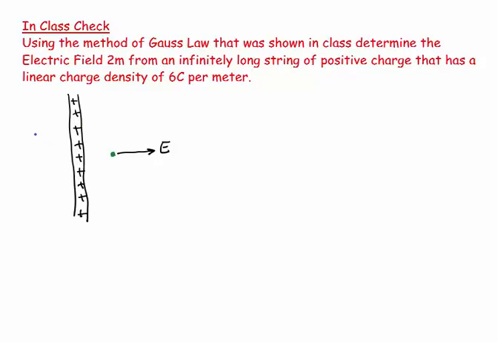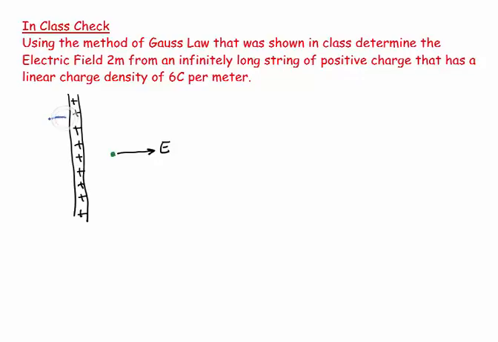The first time you do it, it's not obvious, but then you look at homework videos or worked examples, and you see that there's a better way to do it, and that is, in this case, to take a cylindrical Gaussian surface.